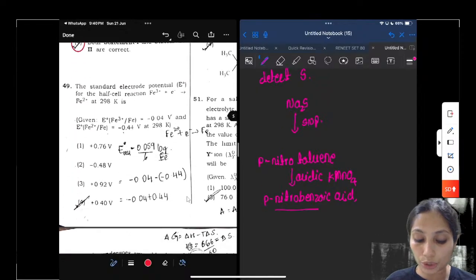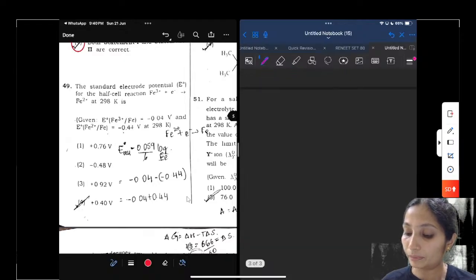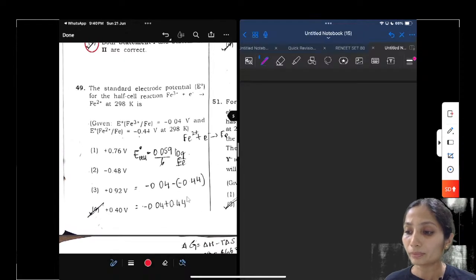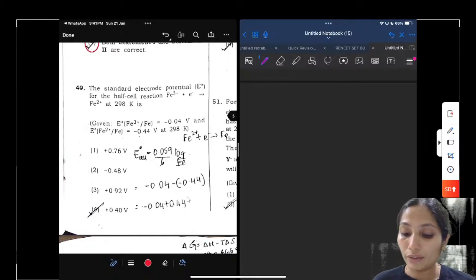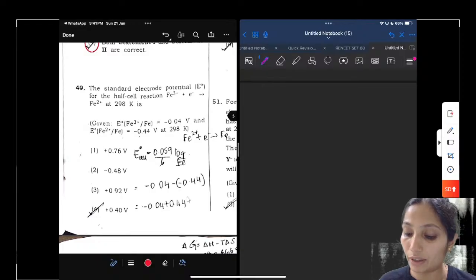So next, let's go to question number 49. Let's see the question. The standard electrode potential for a half cell reaction for the conversion of Fe plus 3 to Fe plus 2 at 298 Kelvin is. A few details are given here. E naught of reduction for Fe plus 3 to Fe is minus 0.04 volt, and Fe plus 2 to Fe is minus 0.44 volt at 298 Kelvin.